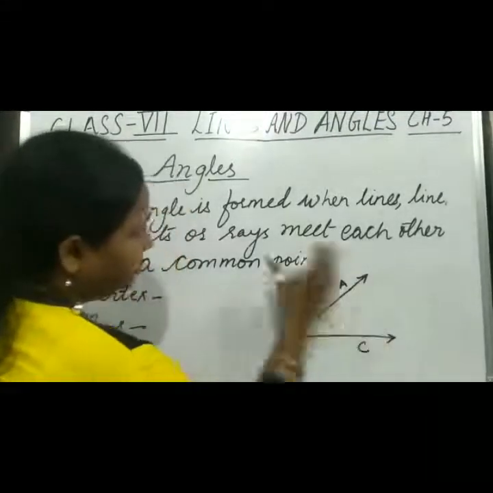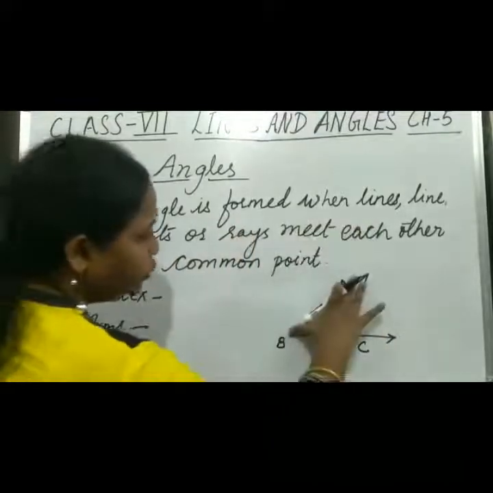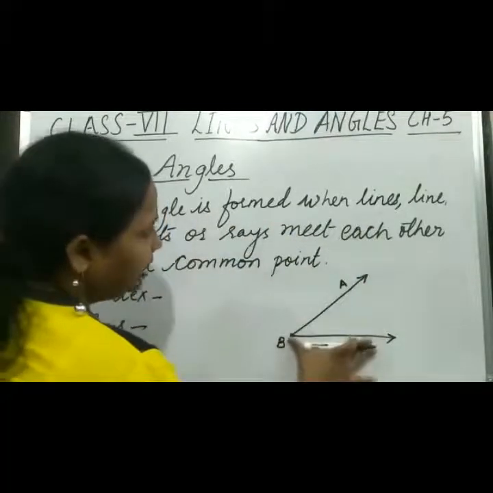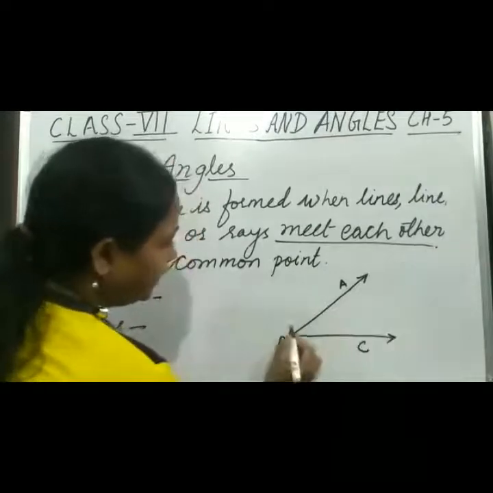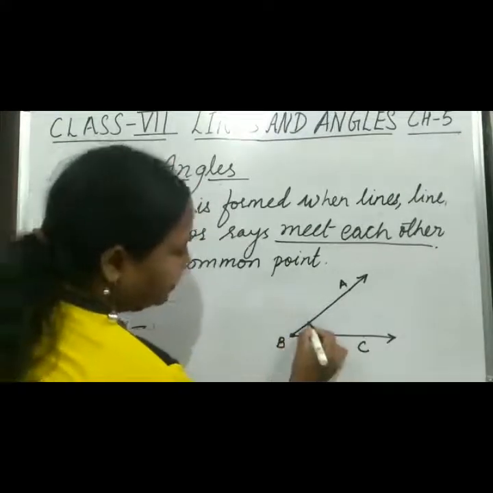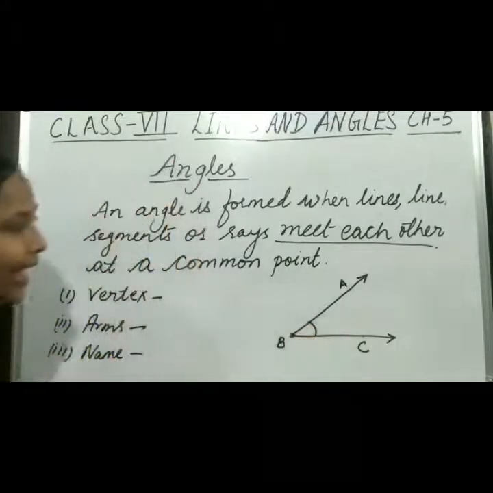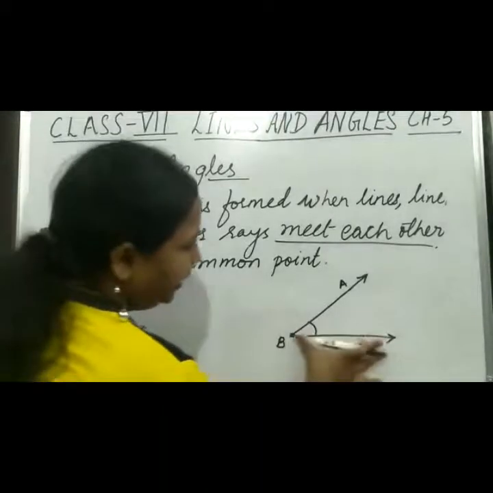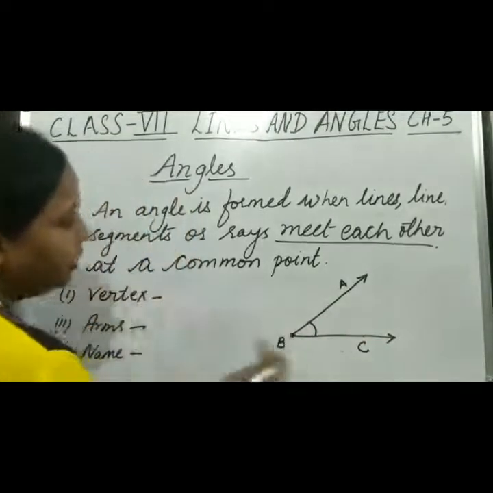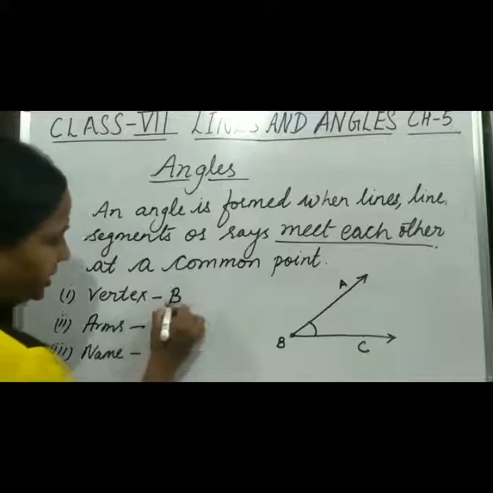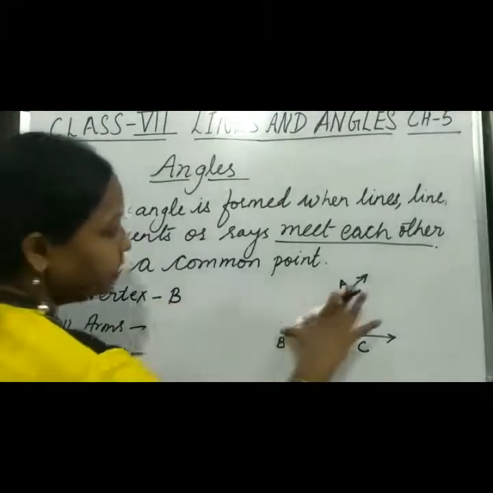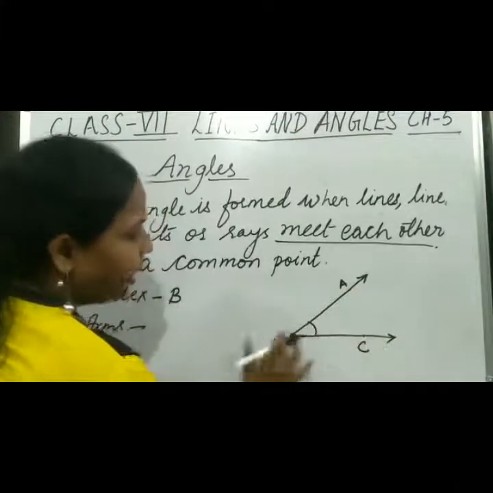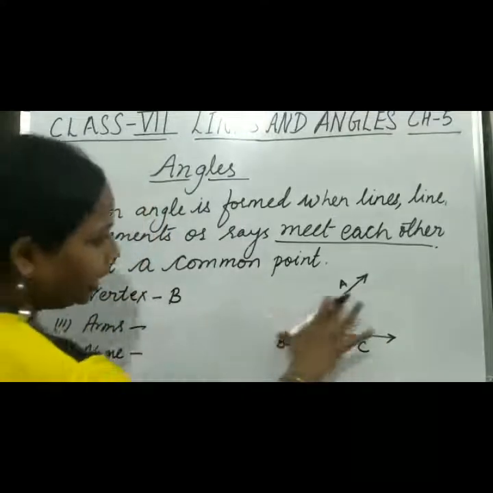When two rays meet each other at a common point, then they form an angle. So here the common point is known as the vertex, and these two rays are known as the arms.